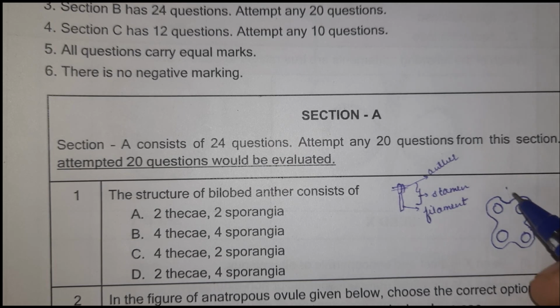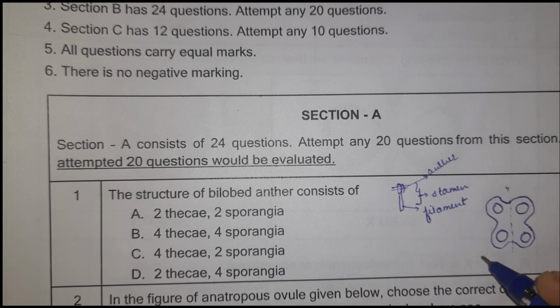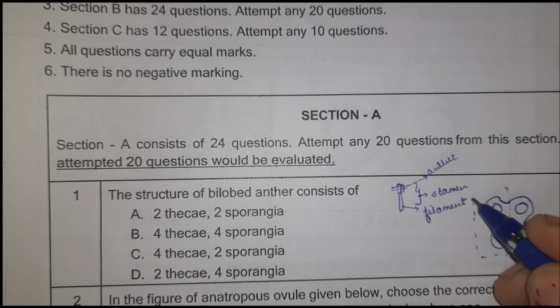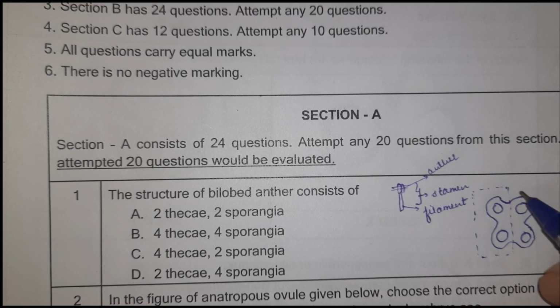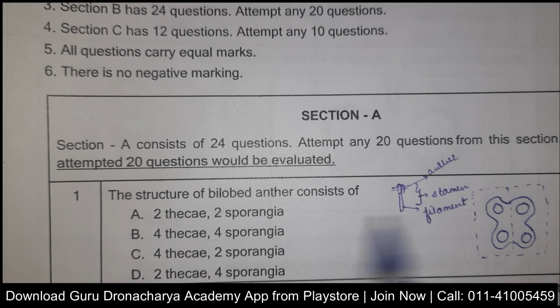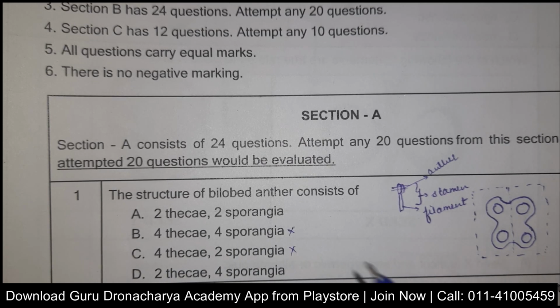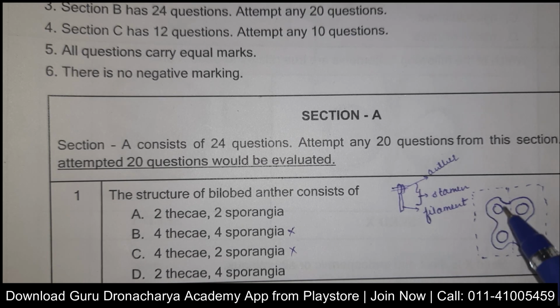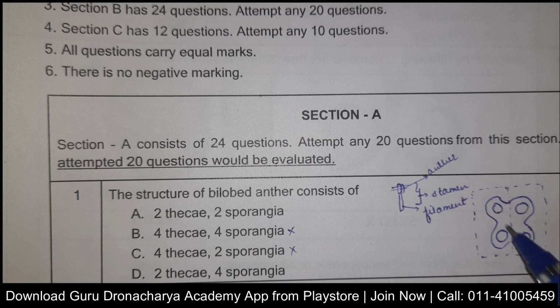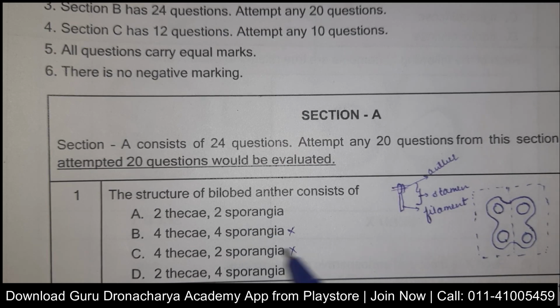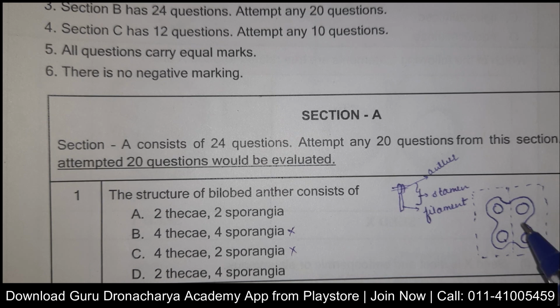So this is one theca and this one is the second theca. By looking at the theca, we can eliminate options B and C. Each theca has two sporangia, and since we have been asked about the entire anther, it has 1, 2, 3, 4. So 2 theca and 4 sporangia will be the correct answer.